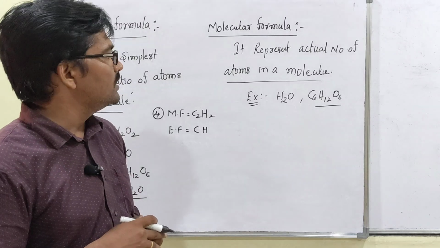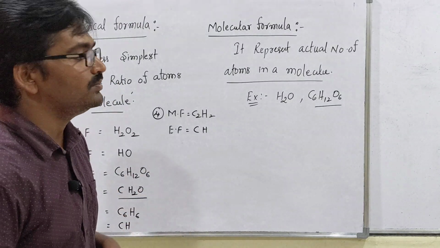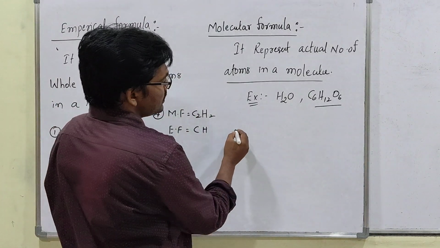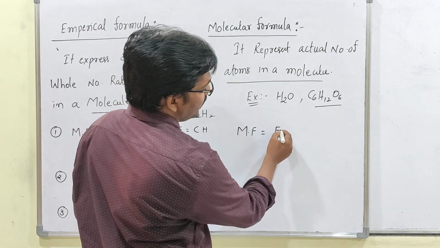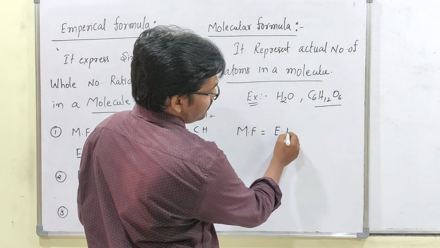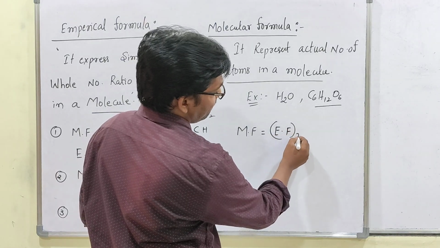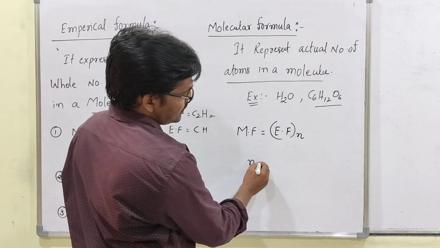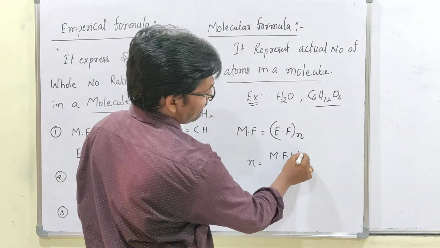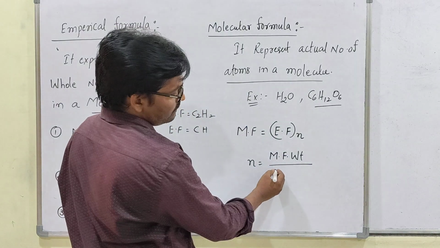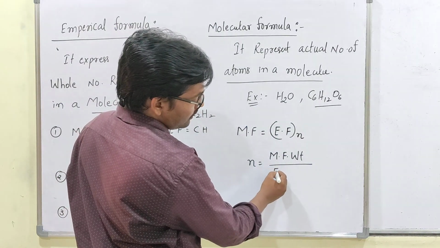Clear, my dear students? The relation between them: molecular formula equals empirical formula into N. So N equals molecular formula weight divided by empirical formula weight.